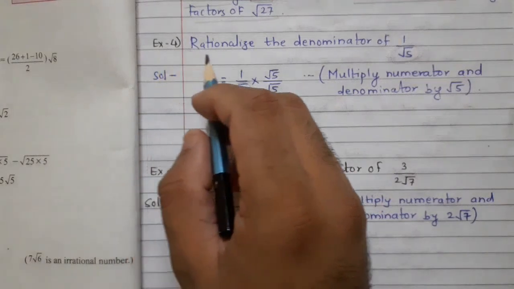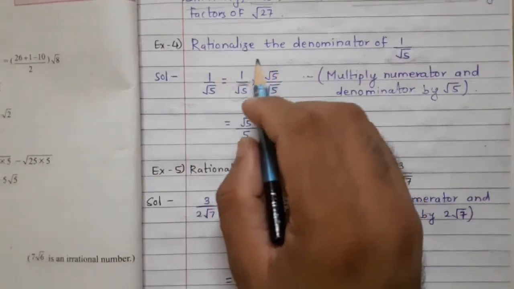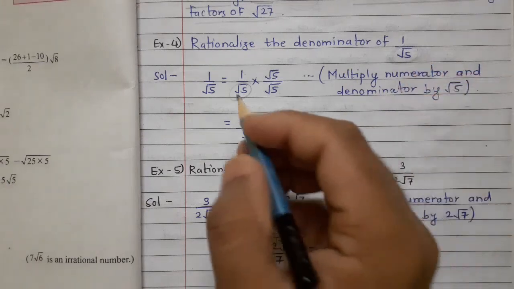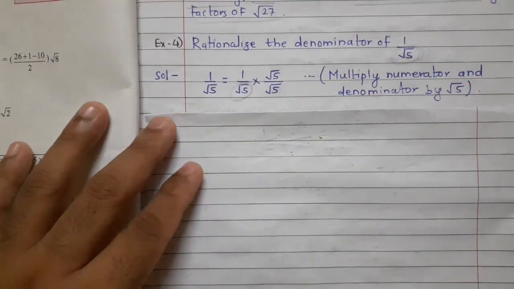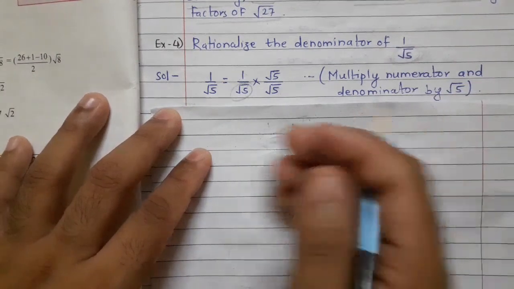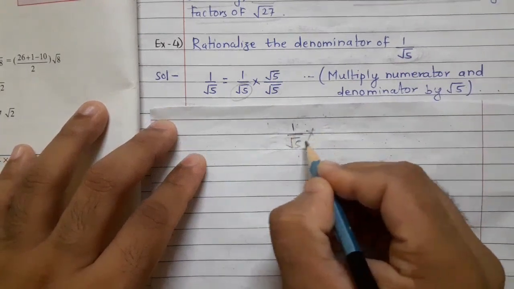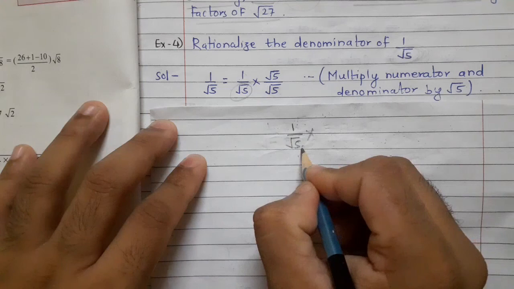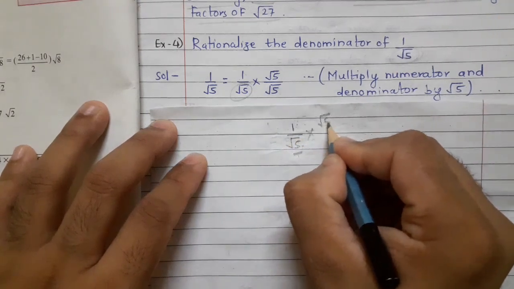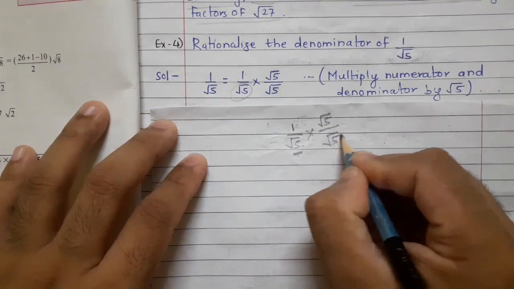See one more example. Rationalize the denominator of 1 upon root 5. Here we have to rationalize the denominator only. The denominator is root 5. So for such examples, multiply numerator and denominator by the same number which is in the denominator. Multiply numerator by root 5 and denominator by root 5.